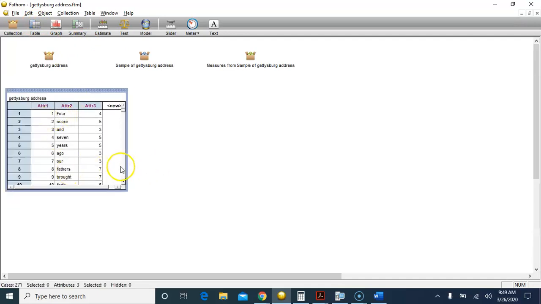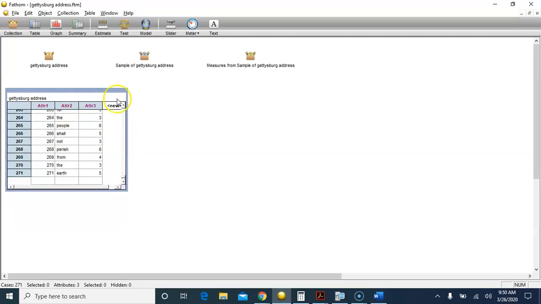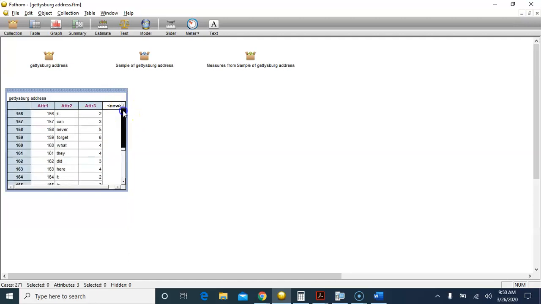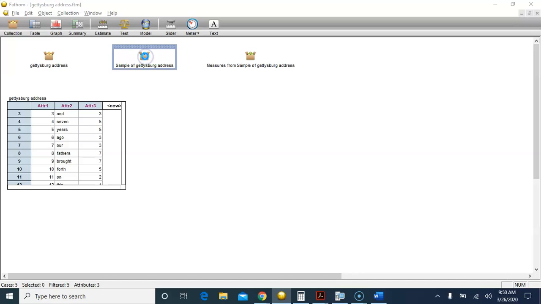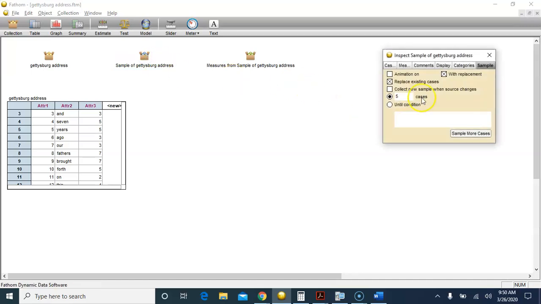I have them numbered from 1 to 273 or something like that, or 271. And then I have each word, and I have how many letters are in that word. Then in this next item over here, I'm selecting 5 words at random from the Gettysburg Address.